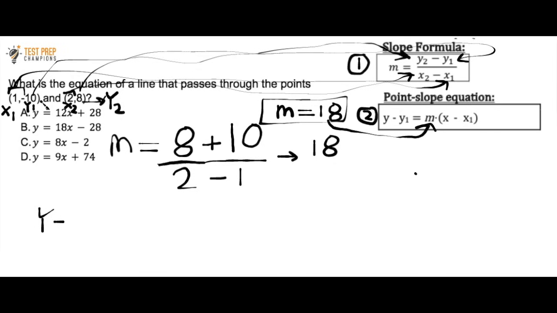Now remember I said minus a minus is the same as plus. So really I'm just going to write that as y plus 10. So this is equal to my slope, which I just calculated, it was 18, times x minus x1. And my x1 is 1. So I have x minus 1. So there's two ways to do this now.